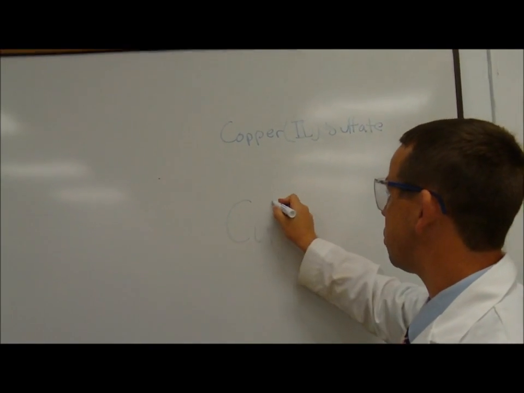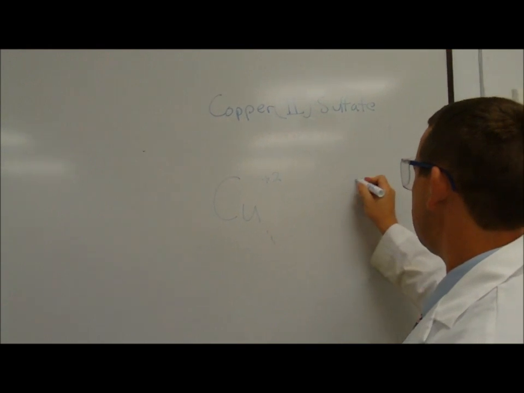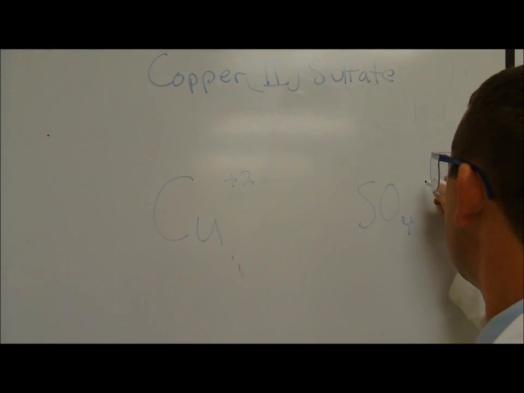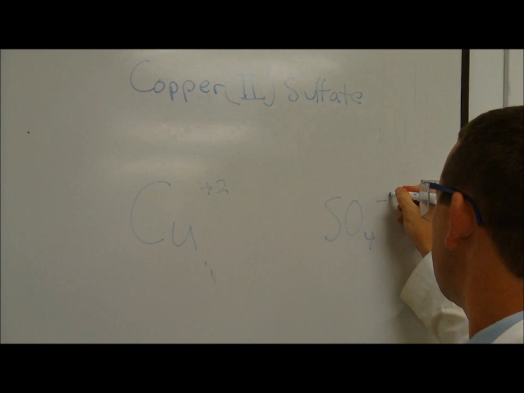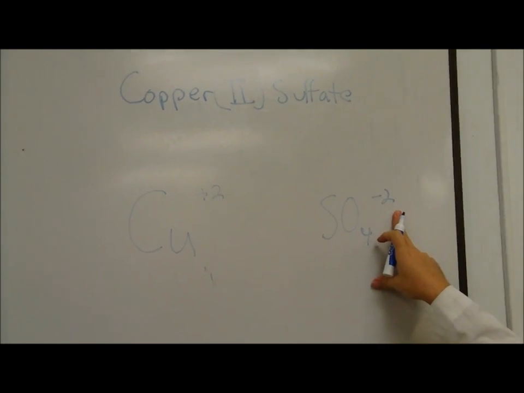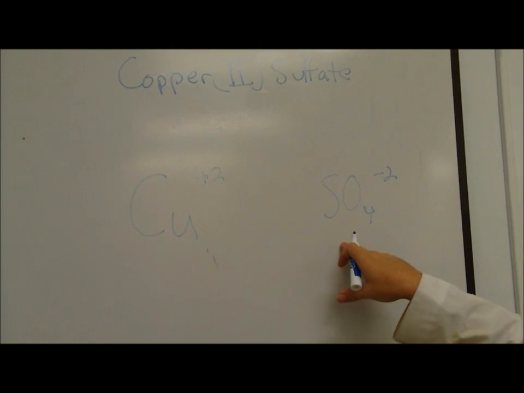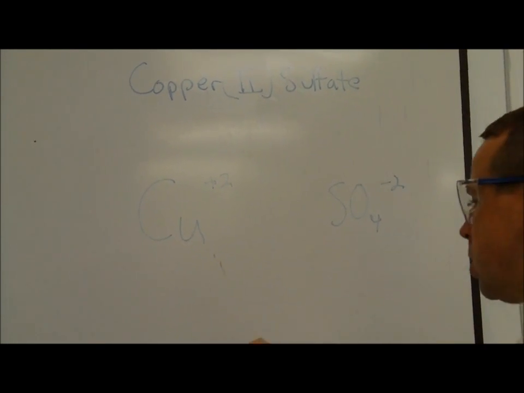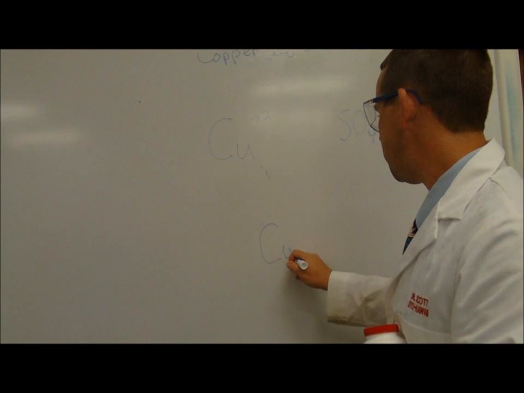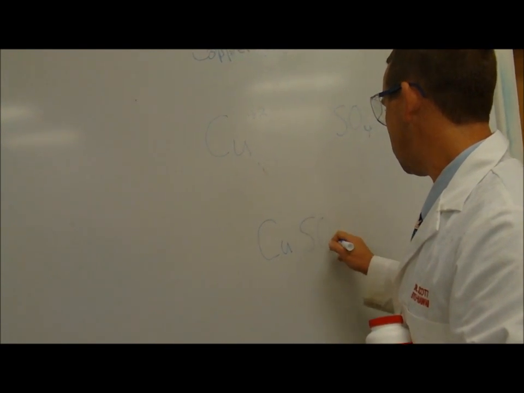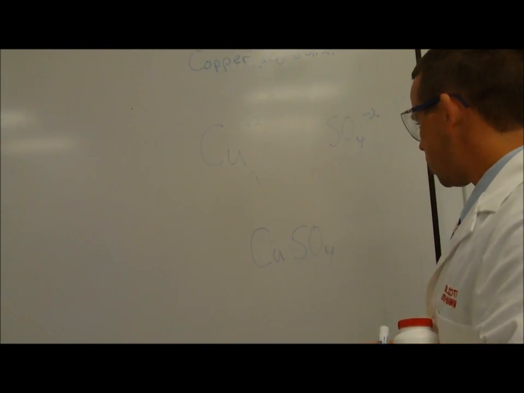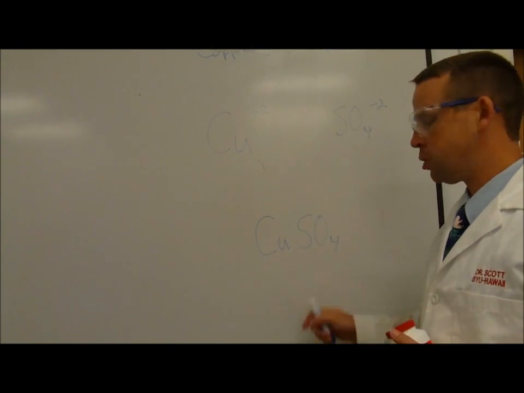It has a +2 charge. The sulfate has a -2 charge on it. So 1 copper with a +2 charge is going to match up with 1 sulfate with a -2 charge. So that's going to be CuSO4. All right? So that's my copper sulfate, copper 2 sulfate.